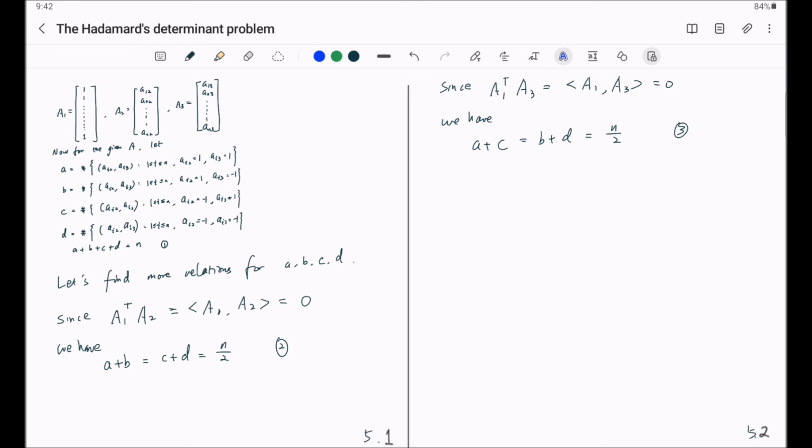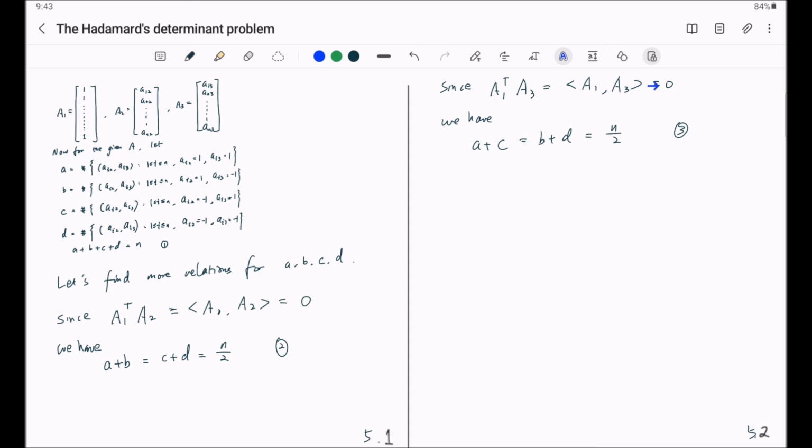This is because A plus C counts the number of Ai3's that are equal to 1, and B plus D counts the number of Ai3's that are equal to -1.